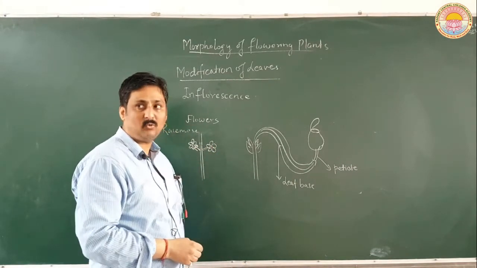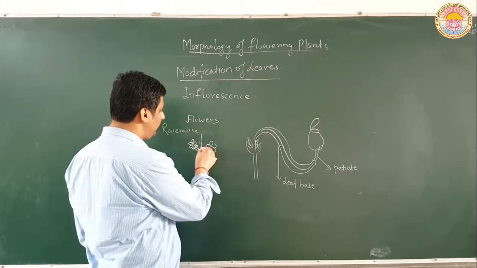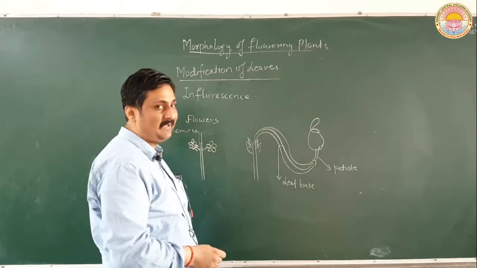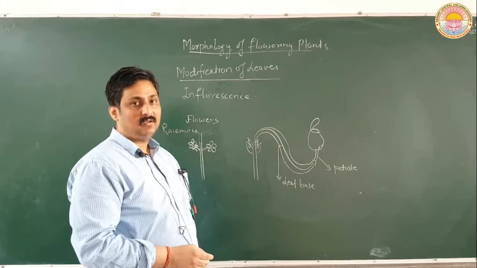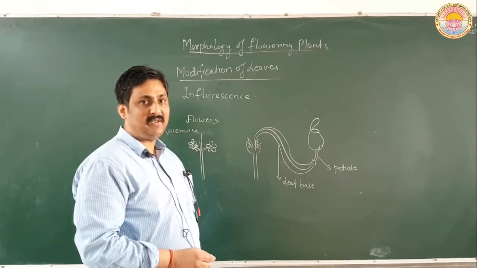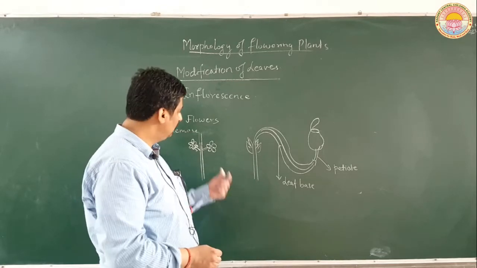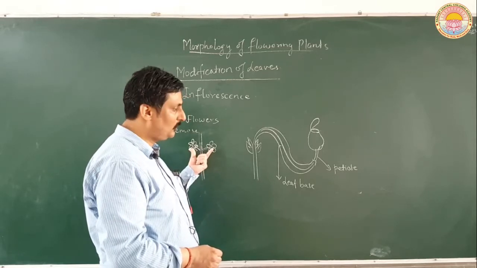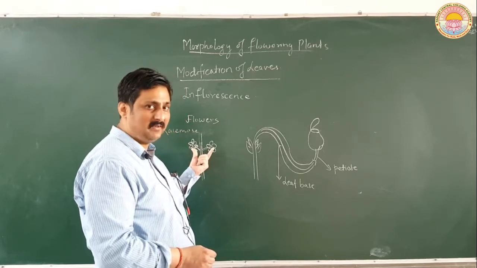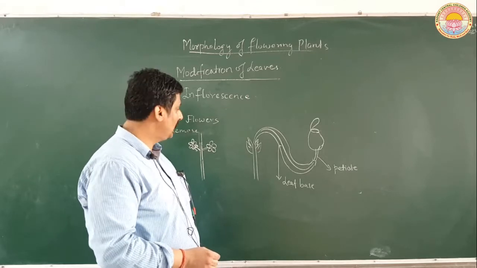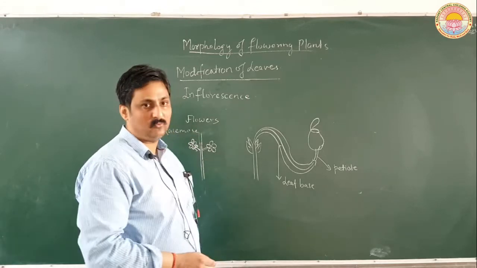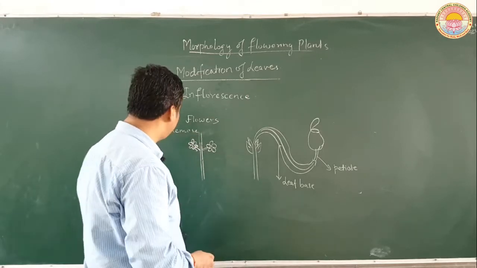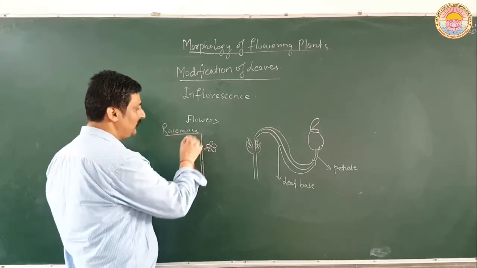The main stem continues to grow and flowers are present on the lateral axis in an acropetal succession. The main stem continues to grow, and this kind of inflorescence is called racemose.